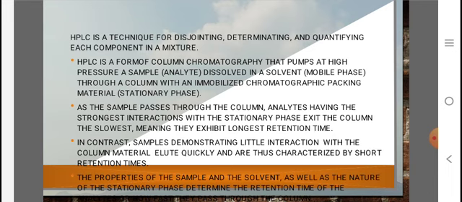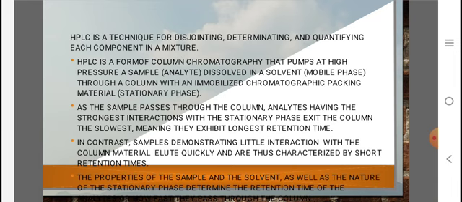HPLC is a form of column chromatography that pumps at high pressure a sample dissolved in a solvent, that is the mobile phase, through a column with immobilized chromatographic packing material, that is the stationary phase.